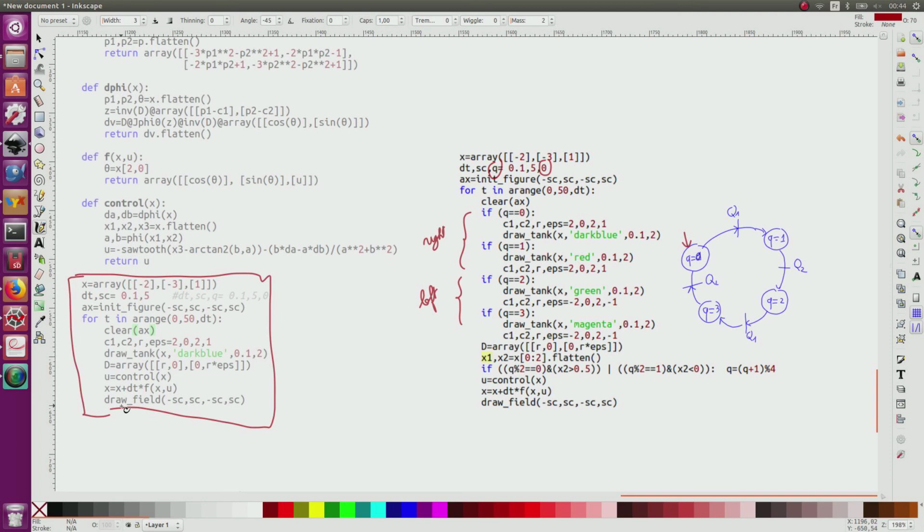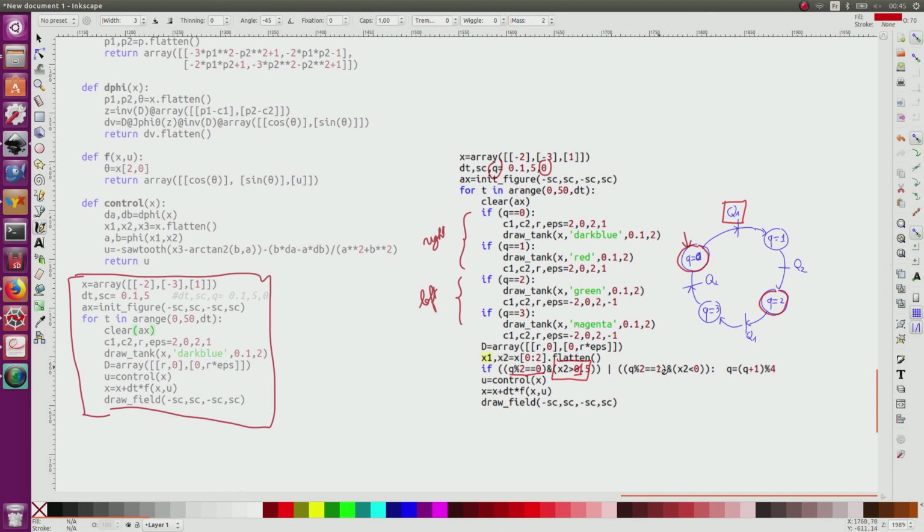Then what happened? So the change of state is here. If q equal to 0 or 2, so if I am here or here, as soon as I am in Q1, it means that x2 greater than 0.5, I said before 1, so I can put 1 also here, but it's very similar.